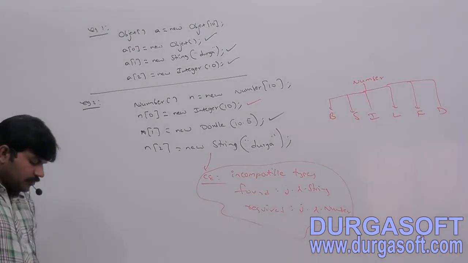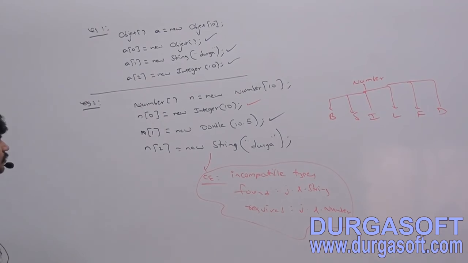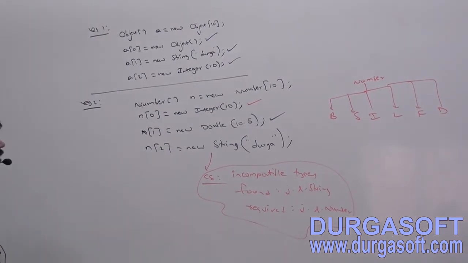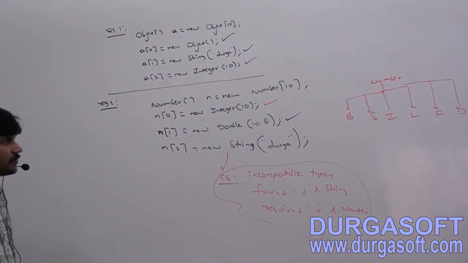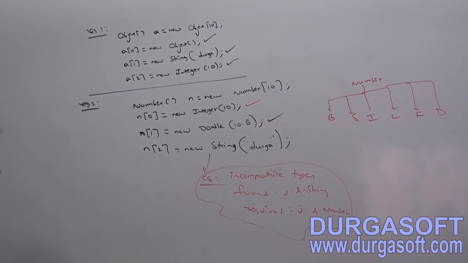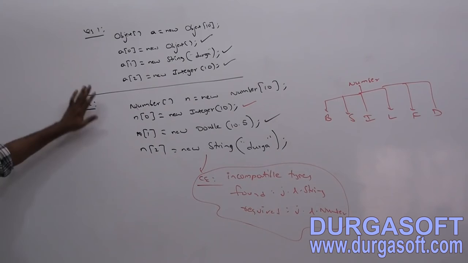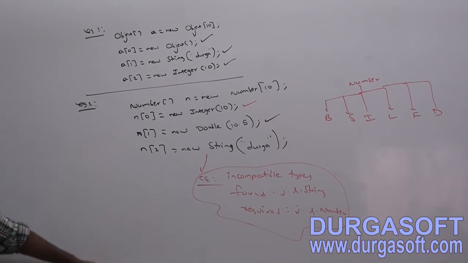A of 0 is equal to new Object. A of 1 is equal to new String of Durga. A of 2 is equal to new Integer of 10. Completed, right? Example 1.